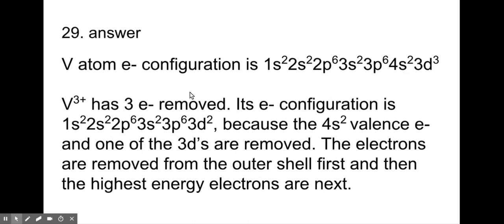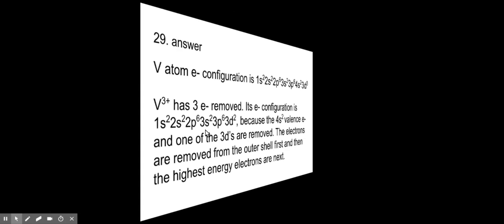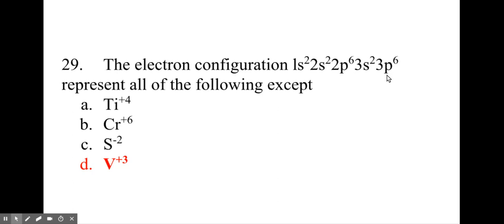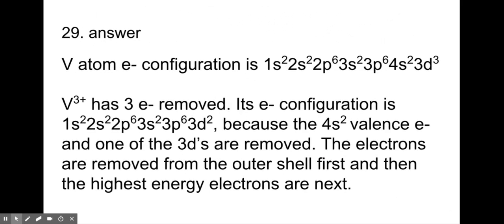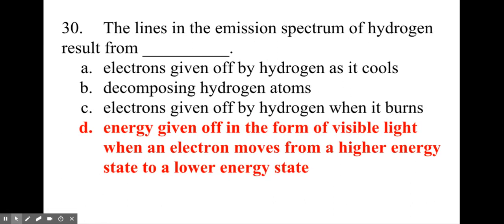The 3 plus ion has 3 electrons removed, and therefore we remove those 4s2 electrons and then one from the 3d. We end up with a 3d2 at the end of that, which is not what they say here, 3p6, but the other ones do. So unfortunately, you have to work through all of these, or at least be really good at figuring out what's going on with electron configuration changes for ions in the periodic table.